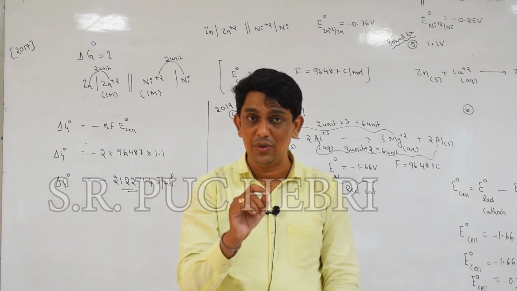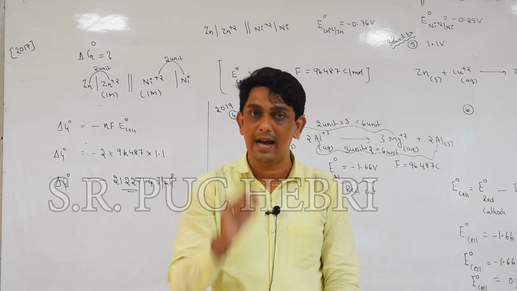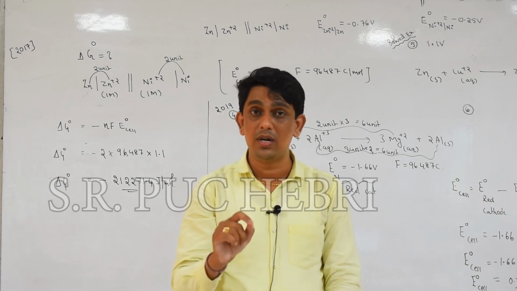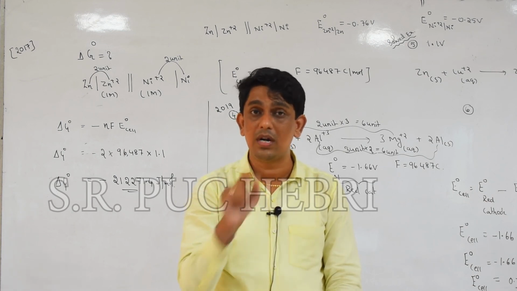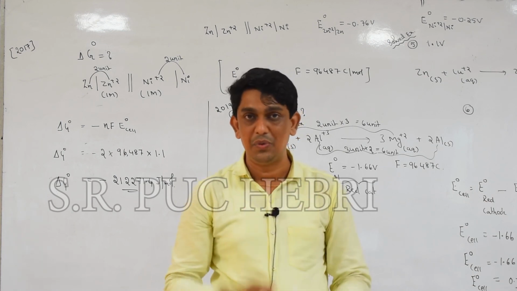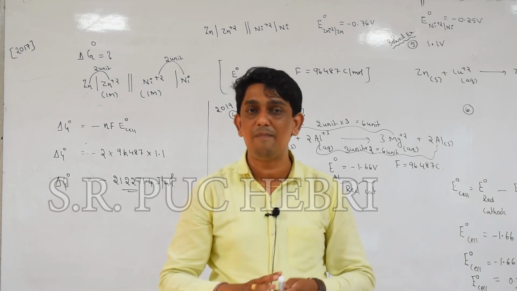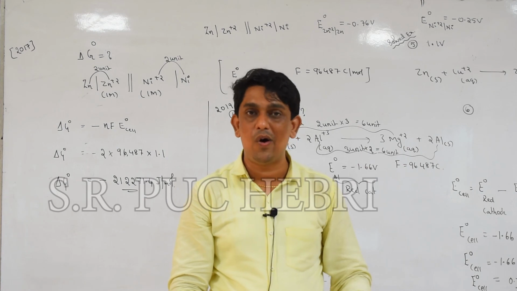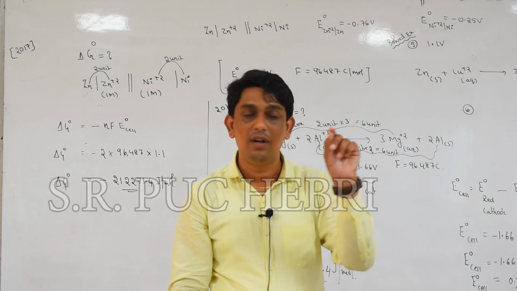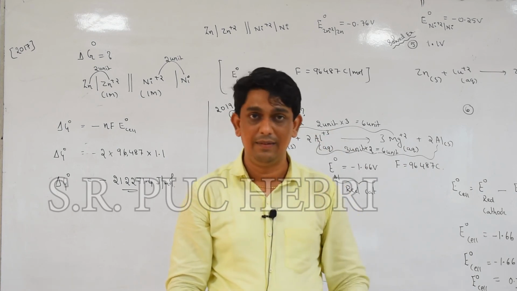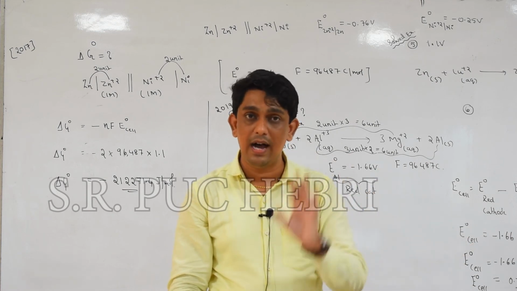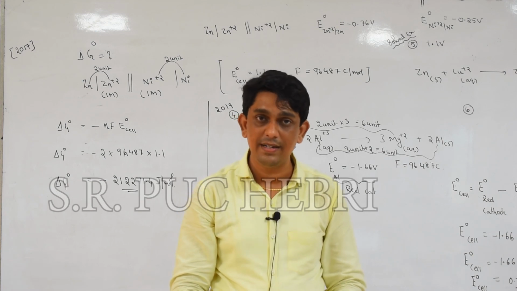Decrease is negative, so the standard free energy answer should be mentioned in negative. When it is work done, please write the work done value in positive. This is a very clear point that you should make out. Otherwise, there is a possibility you may lose marks for the sign convention. So the standard free energy change is a negative answer and the work done is a positive answer. Fine? Yes.